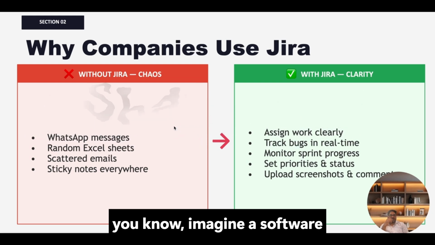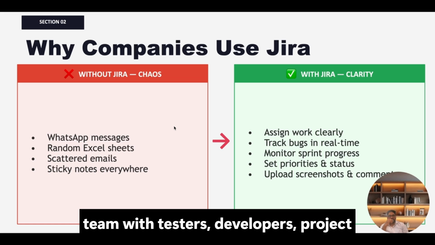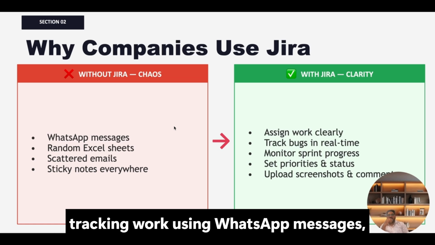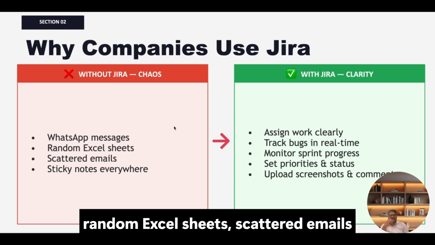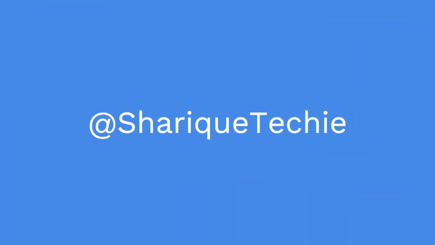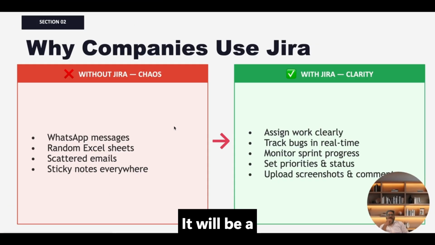Imagine a software team with testers, developers, project managers, designers. Now imagine everyone tracking work using WhatsApp messages, random Excel sheets, scattered emails, or sticky notes. It will be a complete chaos.